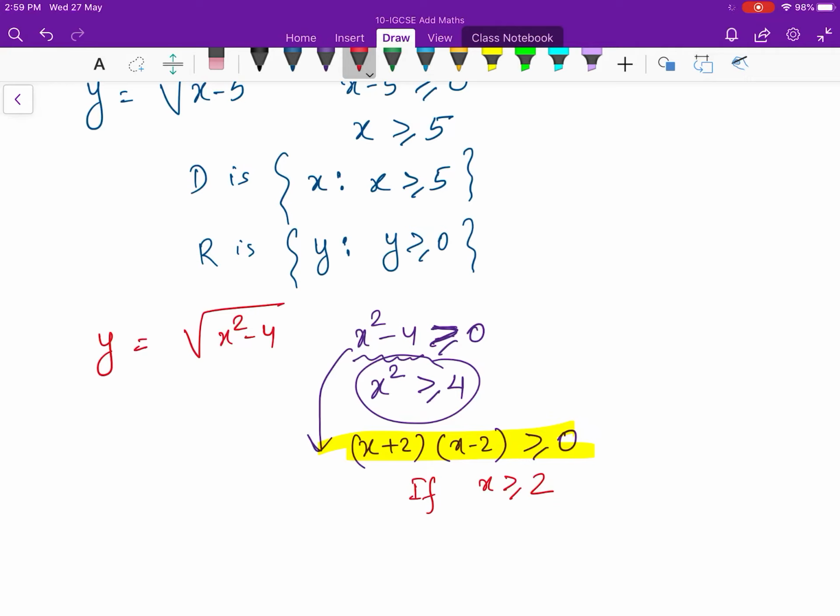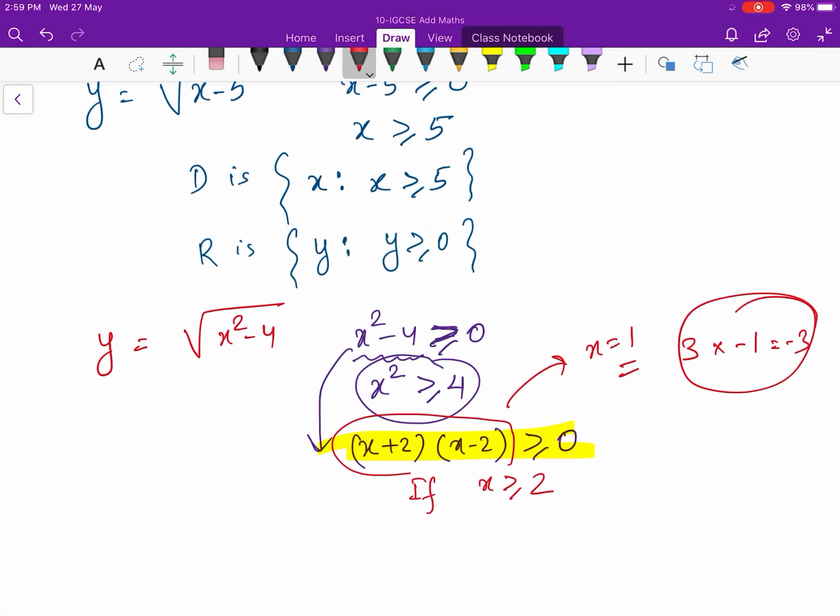So this thing will be greater than or equal to 0 if x is greater than or equal to 2. You can check, put in the values and you will find out. Let's see, if I put x is equal to 1 in this, then x plus 2 is 3 and x minus 2 is minus 1, so the product is minus 3, right? And we cannot put minus 3 here. So this term will be positive when x is greater than or equal to 2 or x is less than or equal to minus 2.